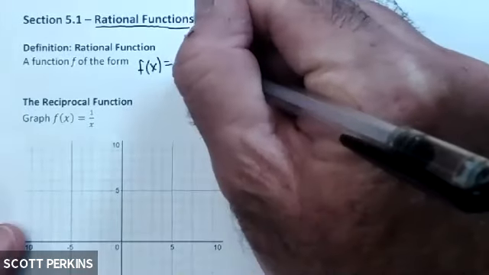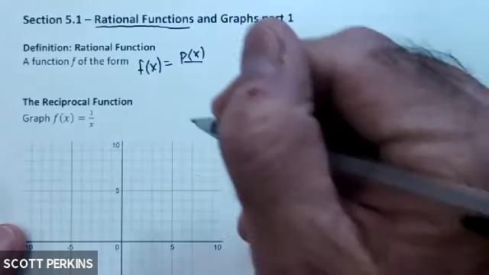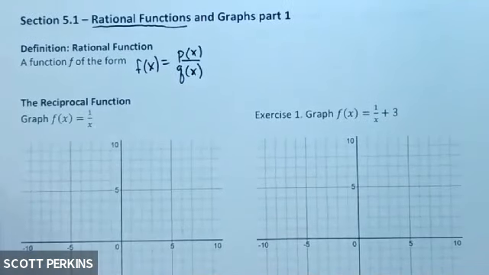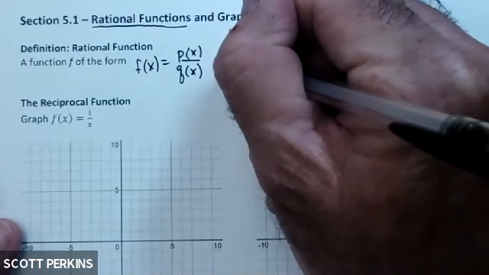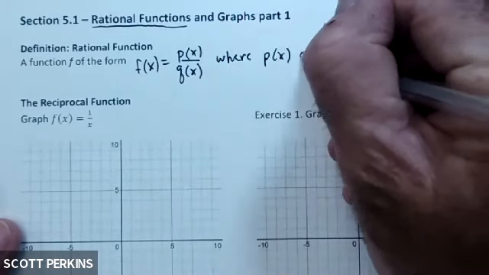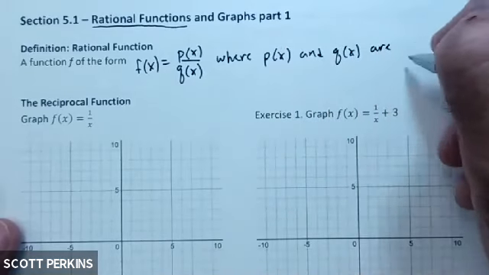So it is going to have a polynomial of some sort in the numerator and then a polynomial of some sort in the denominator. So the typical way that this is presented to us is p of x divided by q of x, where both p of x and q of x are polynomials.